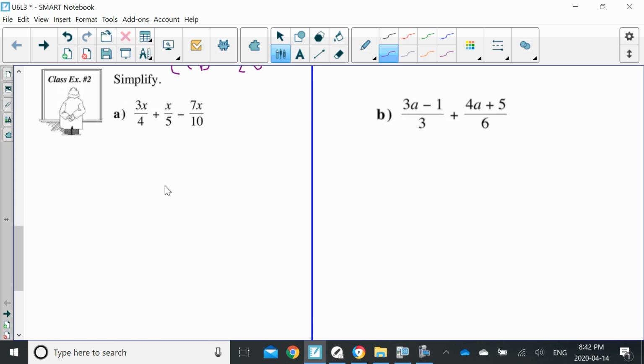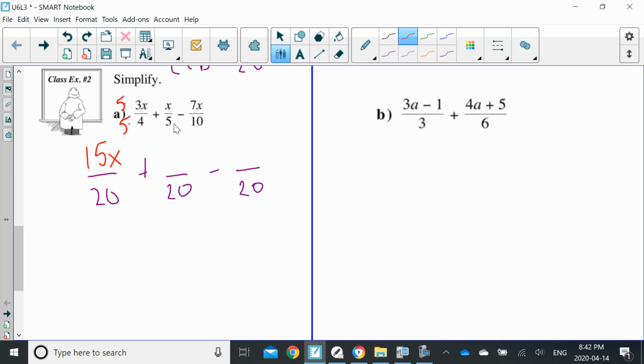So the lowest common denominator is actually 20. What we need to do is rewrite each fraction with the denominator of 20. So you have to ask yourself, what would you multiply 4 by to get 20? And that answer is 5. So we're going to multiply both numerator and denominator by 5, and 5 times 3x is 15x.